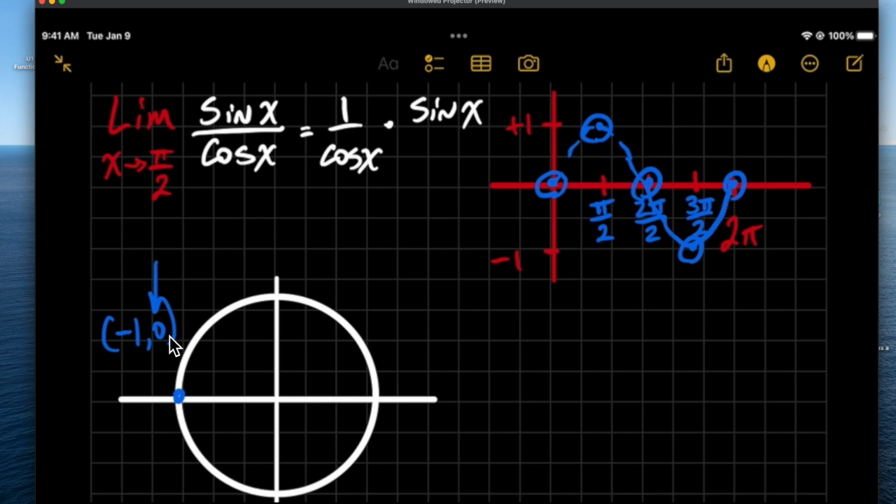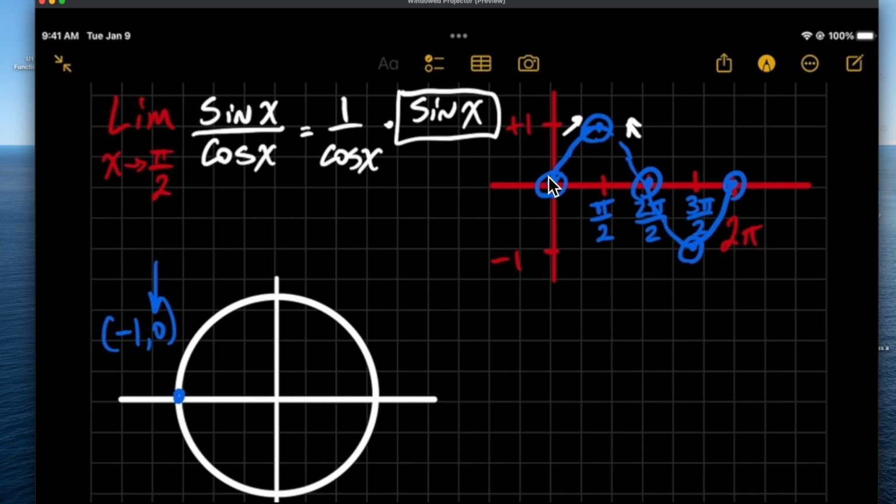This is the sine of x. If you look at the limit as the input goes towards pi over 2, whether you're moving from the left here or from the right, you can see that that limit is 1. So this is not a problem. That's going to be 1.